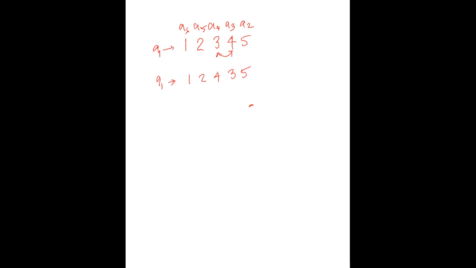So now I have to add all the odd places directly. So it's 4 plus 2, plus multiply 3 to the even places. So it is 15 plus 9, plus 1.